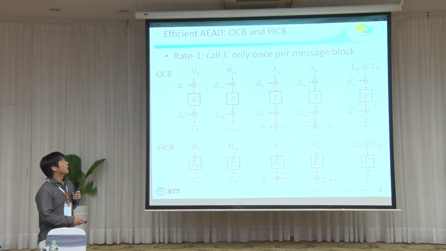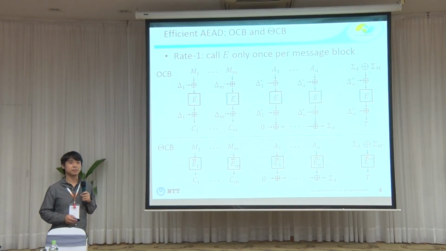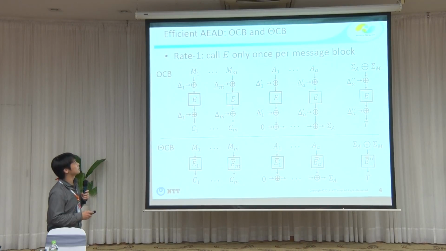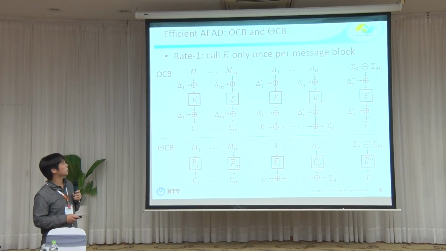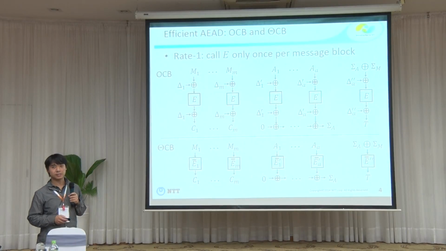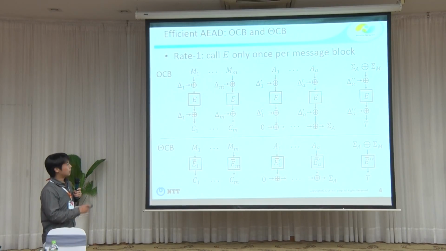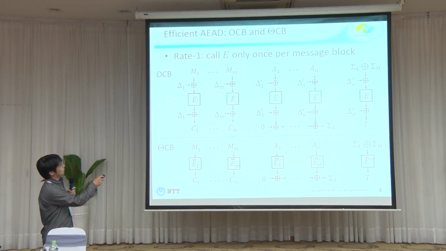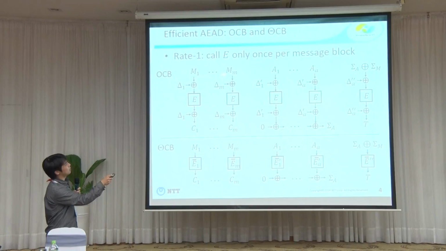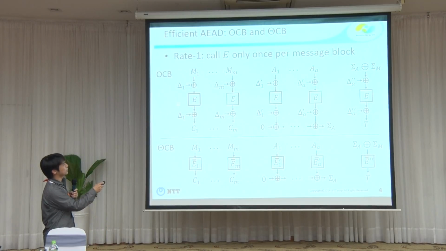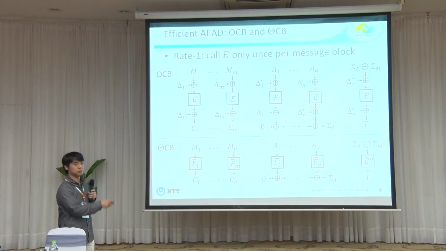Well, achieving efficiency is actually possible, and there already exists one efficient scheme called OCB. I won't explain the details, but for each message block, it XORs some secret value, which is the mask, and then the encryption is computed, the mask is applied again, and the output is C1.